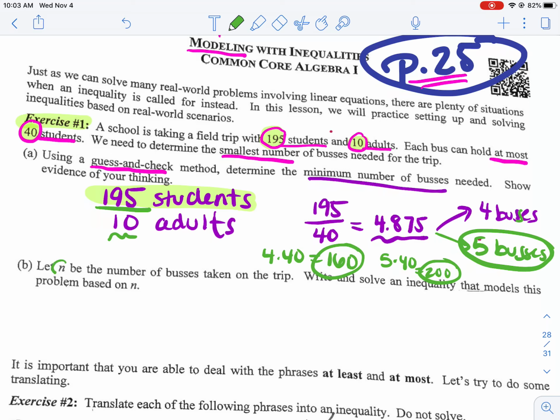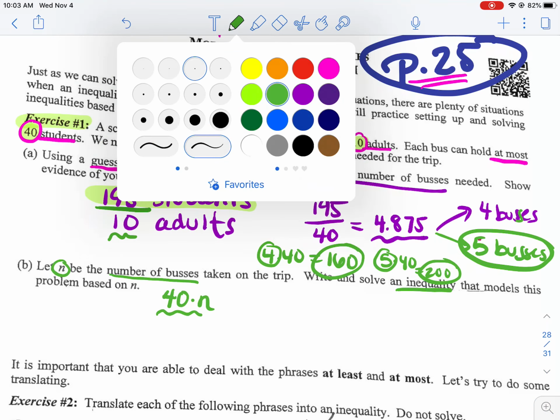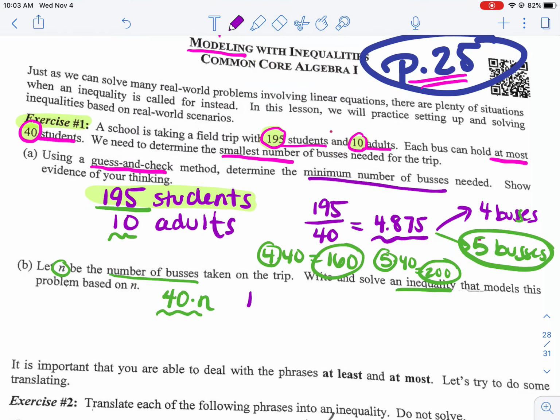Now let's write a variable. N is the number of buses taken on the field trip. So 40 times N. We want to write an inequality. What does at most mean? We did 40 times 4 and 40 times 5, and we wanted that to be no more than 195 students, because say we had tried 40 times 6, that would be 240 students.